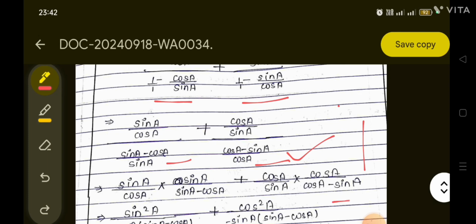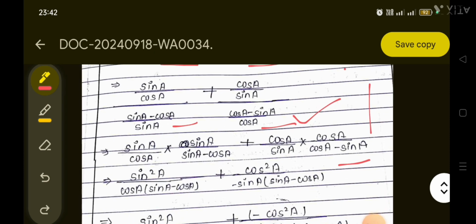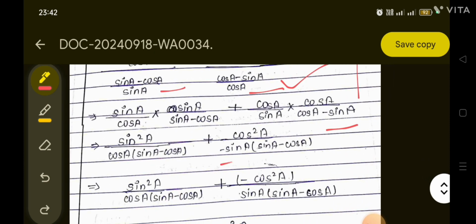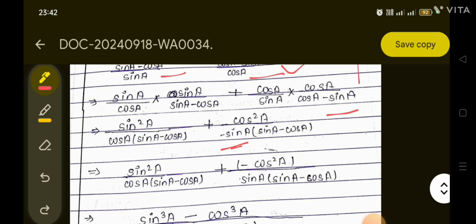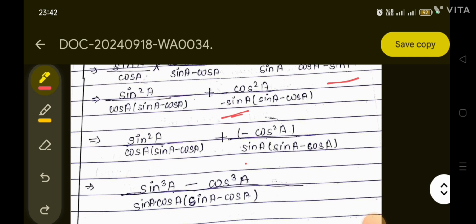In the second term, if we take the minus common, then sin A into sin A minus cos A. Now we can take the LCM, sin A into cos A into sin A minus cos A. It is the LCM.